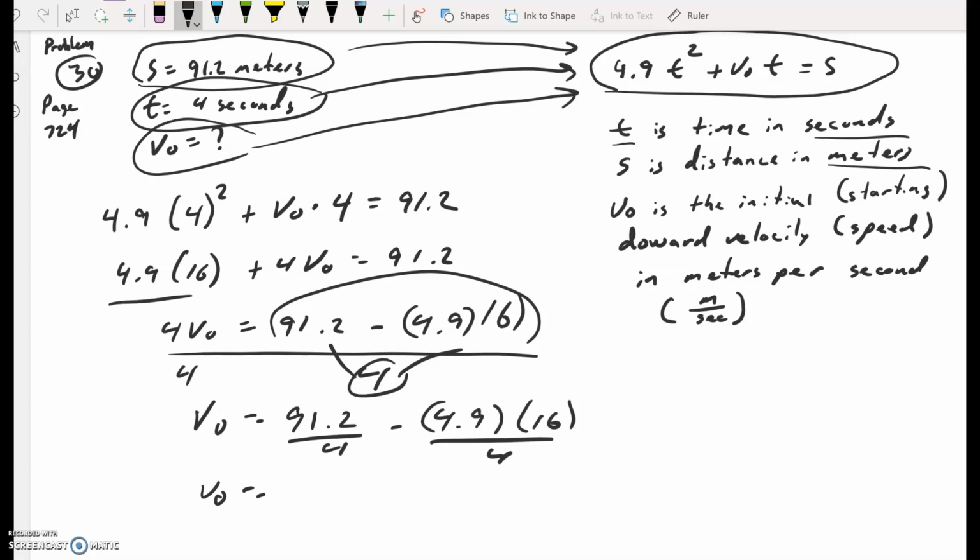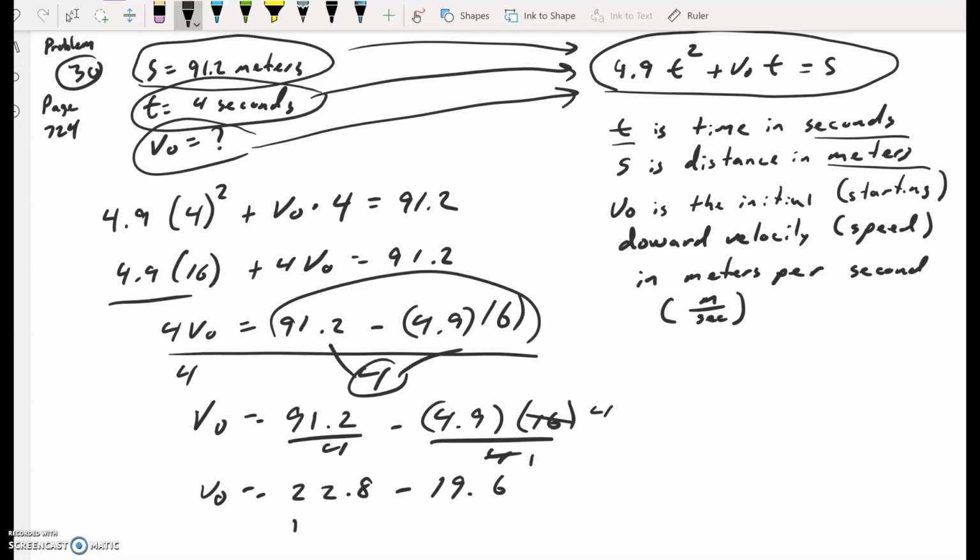I'm just stubborn, so 4 goes into 91.2 some amount of times. Let's see if I can do it. 22.8, I believe, minus the 4 goes into 4 once, the 4 goes into 16 4 times, so I have 4 times 4.9, which would be 19.6, I think.